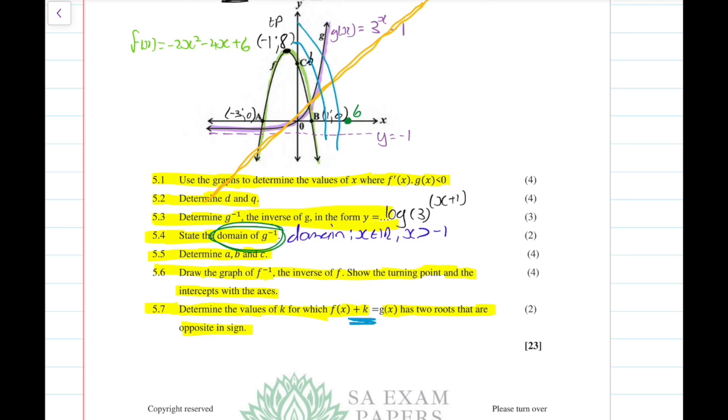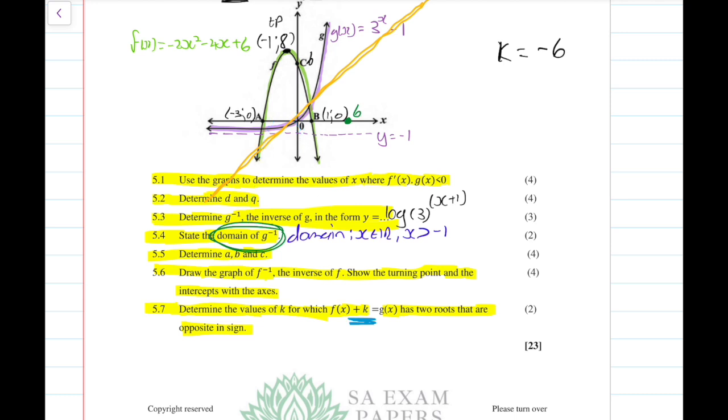So that means that k, let me just show you. If you put k equal to minus 6 and shift it 6 units down, you'd have the 0 intercept and the negative intercept. So we don't need that there.